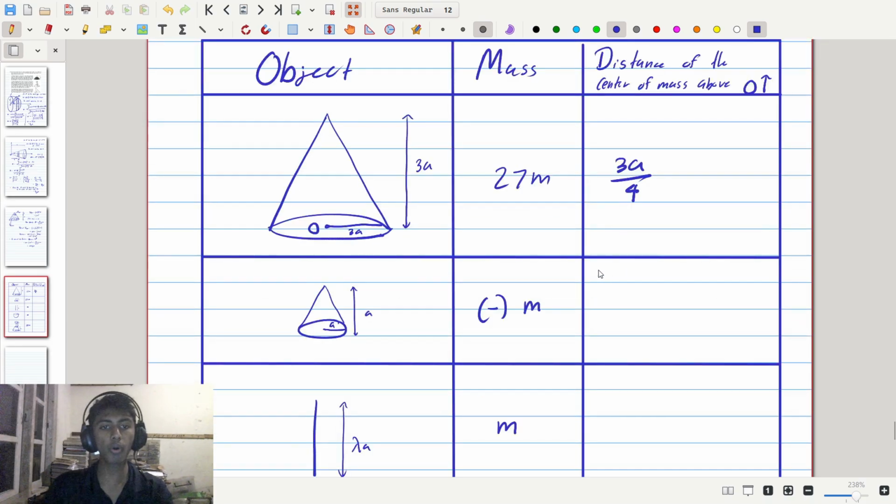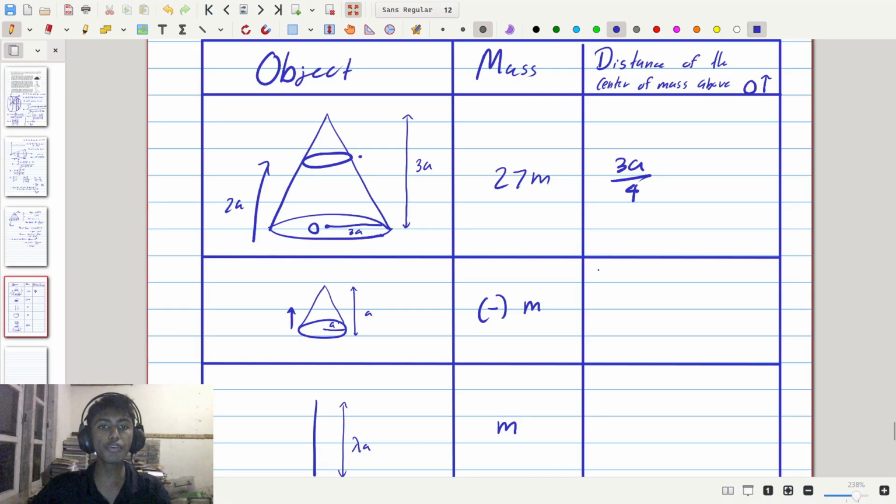Now for the next cone, this cone's base starts at a height of 2a over here. The height here is already 2a, and in addition to 2a, the cone's height is a. So above its base, it has a height of a over 4 for its center of mass.